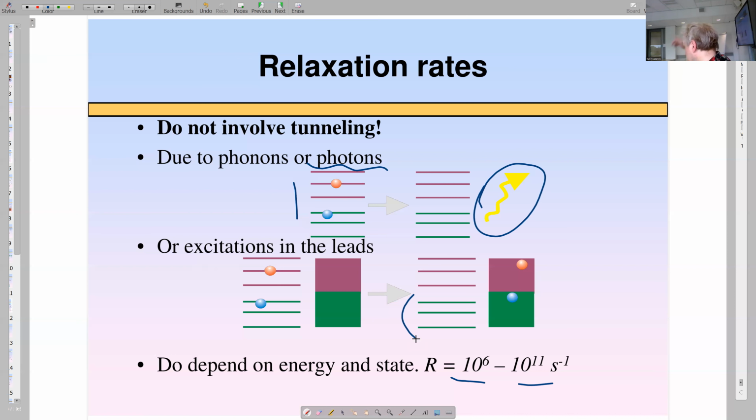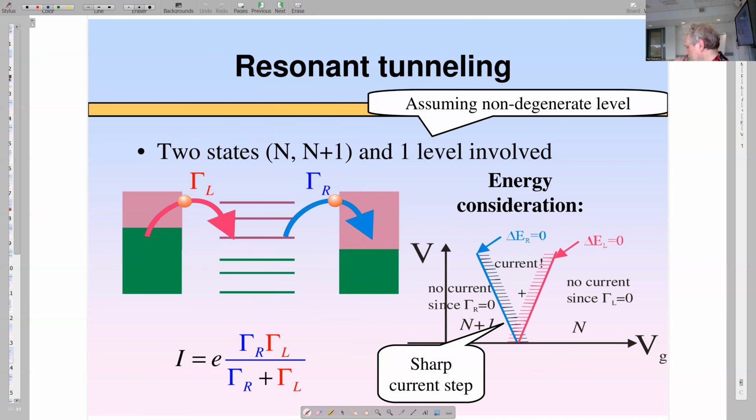Of course, each component could tunnel to the lead, but it doesn't have to, because this process does not involve any charge transfer. Charge transfer is zero. So no particle has to tunnel, just the interaction between electrons in the dot and in the lead would do the thing. All right, that's what I wanted to say about relaxation rates.